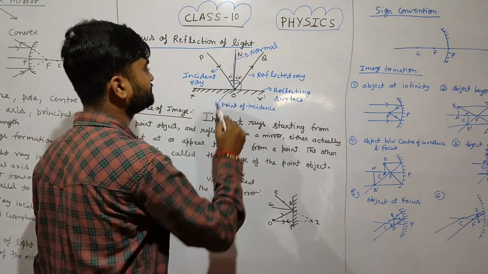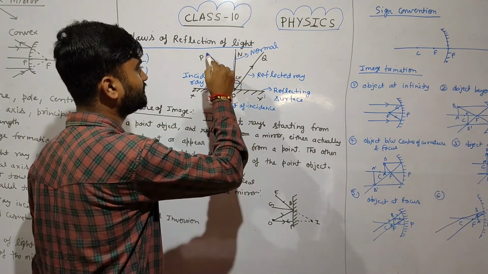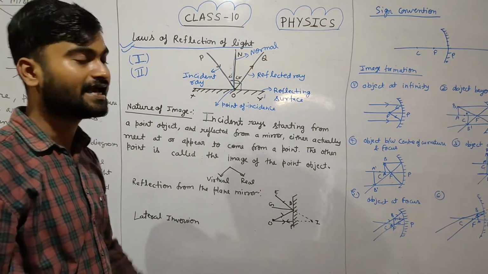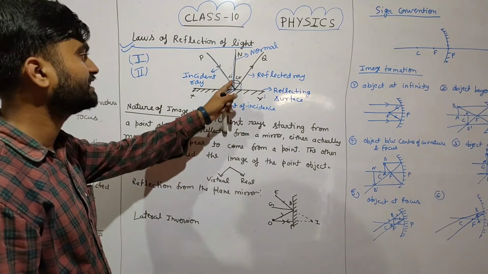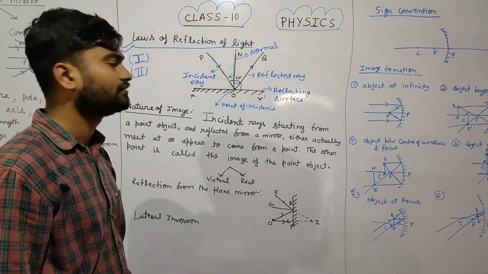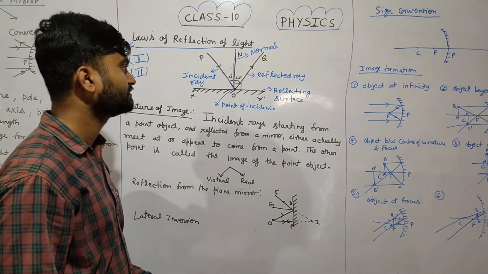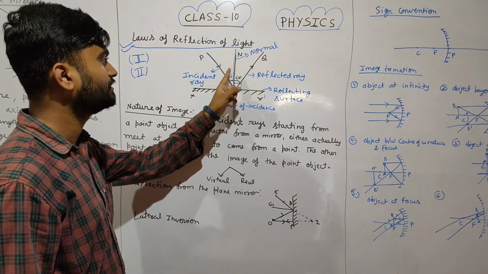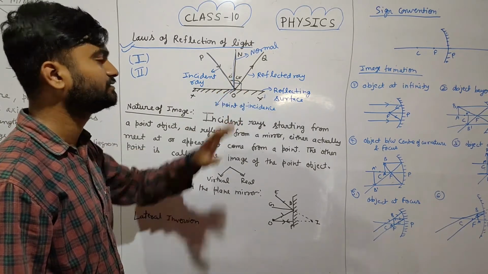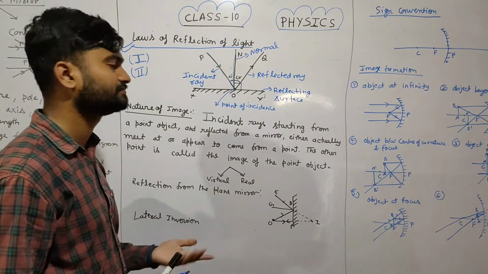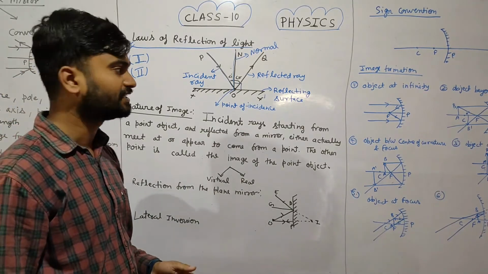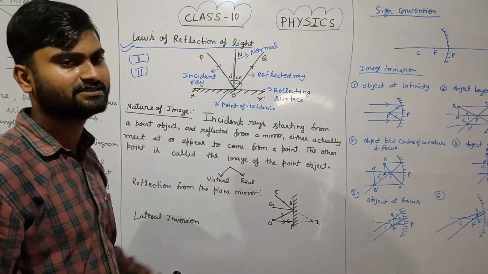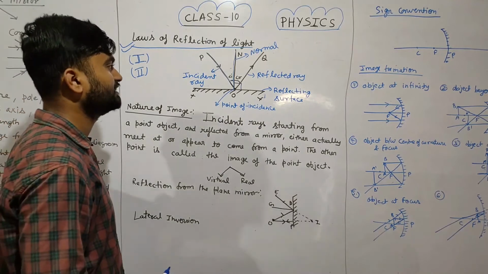What about this angle, the angle between the ray OP and ON? This angle is known as the angle of incidence and is represented as angle I. The angle that the incident ray makes with the normal is known as the angle of incidence.